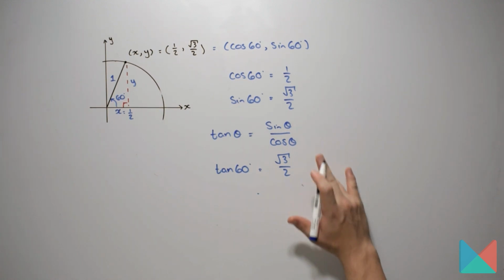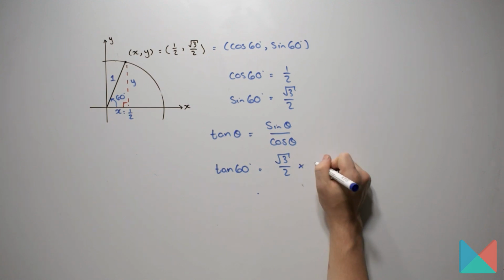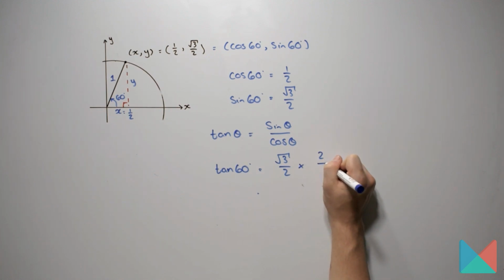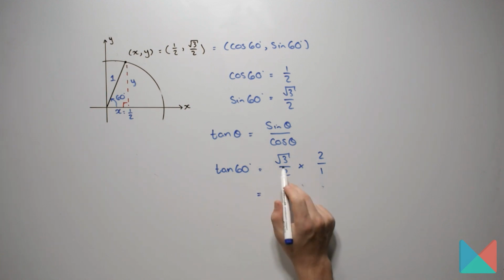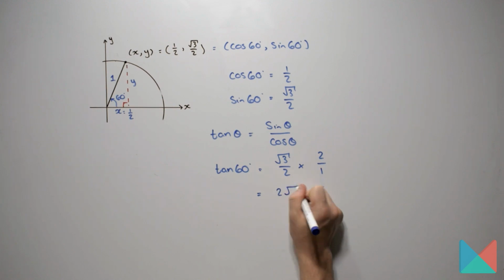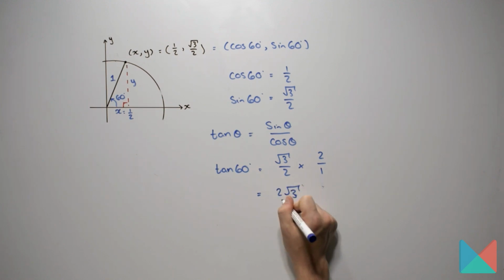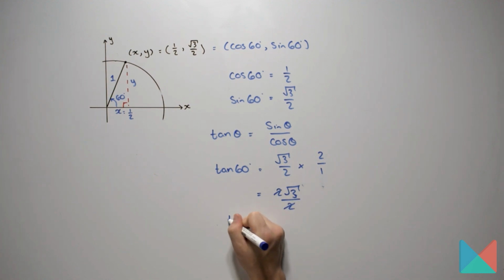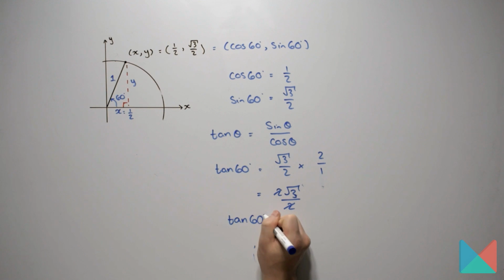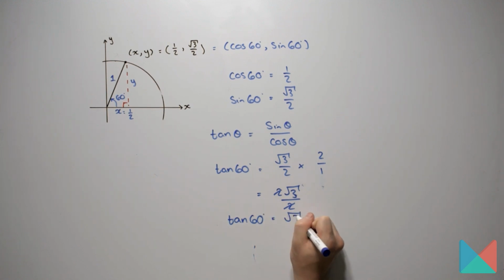And so we get root 3 on 2 times 2 divided by 1. And so we get tan of 60 is root 3 times 2 divided by 2 times 1, which is just 2. And these 2's cancel out, and we're left with tan of 60 degrees is equal to the square root of 3.